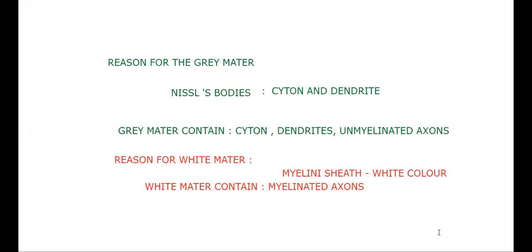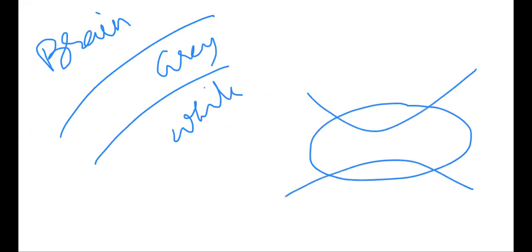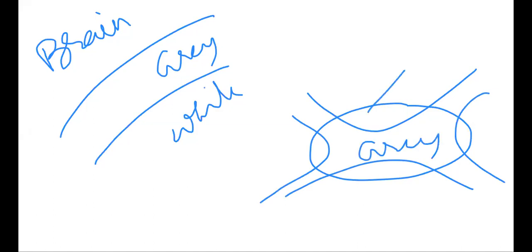So I hope you understand this particular area: reason for gray matter, reason for white matter. We discussed the appearance of the gray matter and white matter like this. In the brain, the upper one is gray matter and the lower one is white matter. In the spinal cord, this is the gray color and this is the white color. So what is white? That means only myelinated axons are present. What is gray?